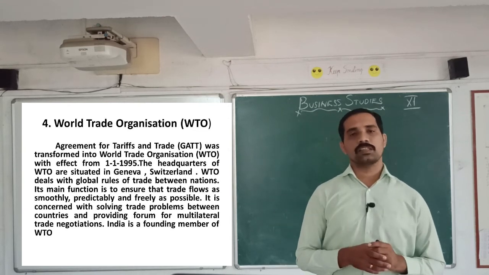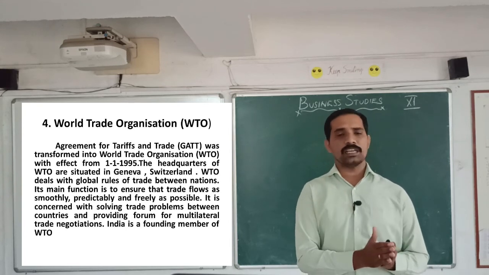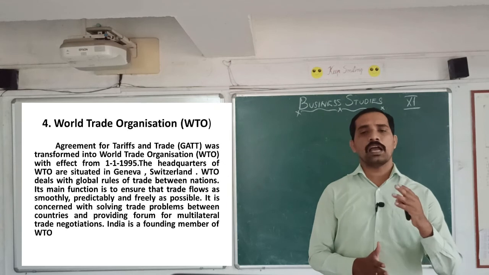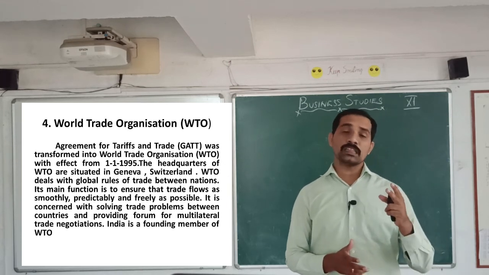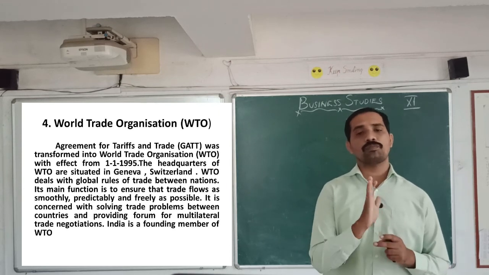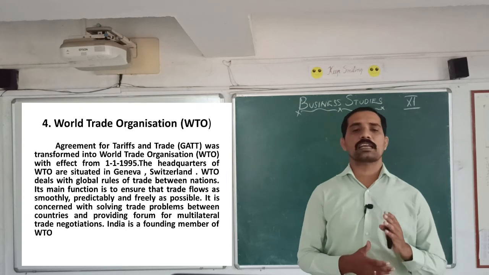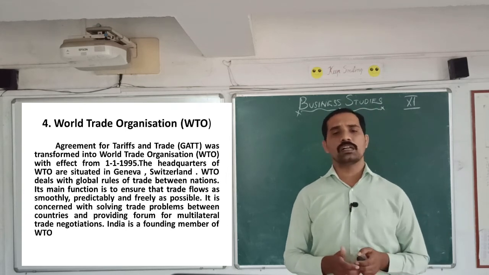Its main function is to ensure that trade flows as smoothly, predictably and freely as possible. It is concerned with solving trade problems between countries and providing a forum for multilateral trade negotiation. India is a founding member of the World Trade Organization.